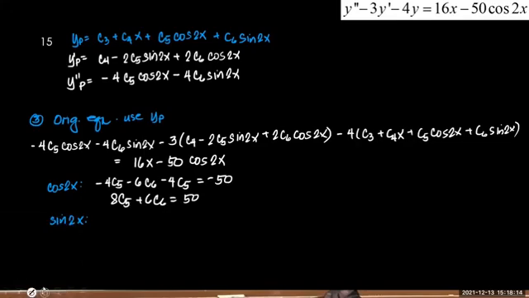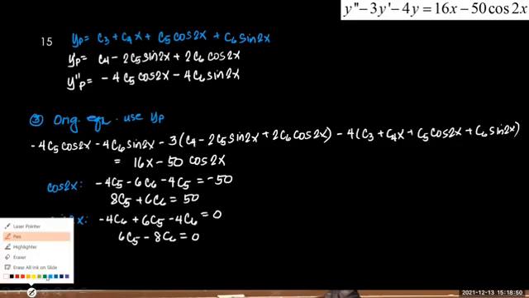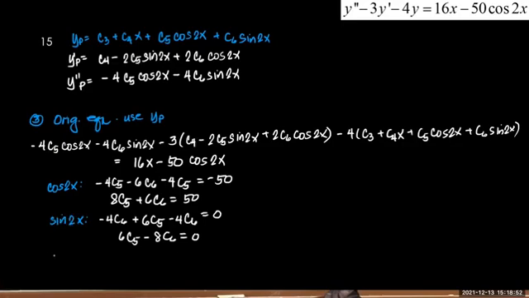So for the sine, that means 6c5 minus 8c6 is 0. What else do I have? I have those with x and those with constants.